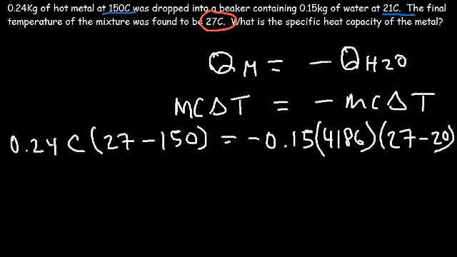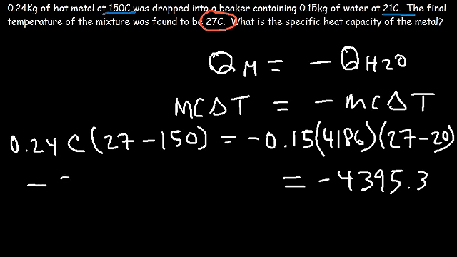Now let's do the math. Let's multiply negative 0.15 times 4186 times 7. So on the right side we have negative 4395.3. On the left side, 27 minus 150 is negative 123 times 0.24.